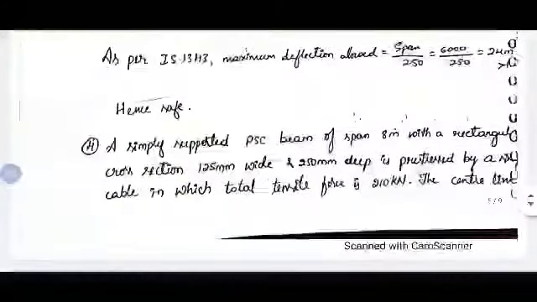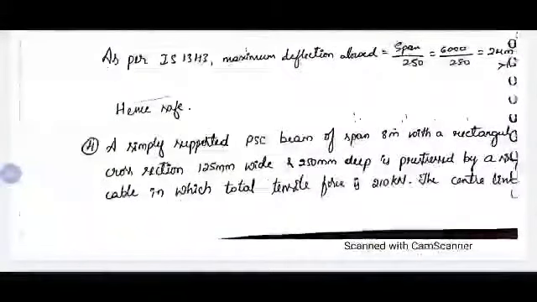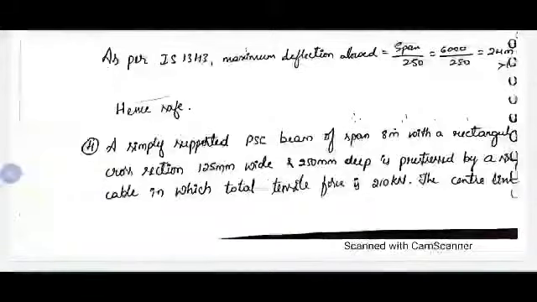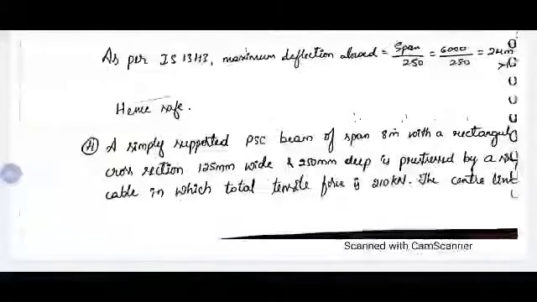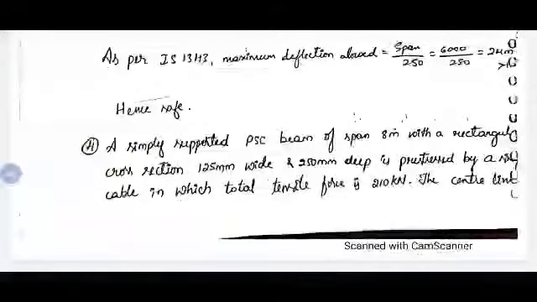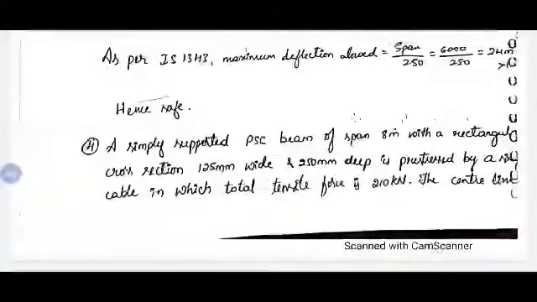Next problem. A simply supported PSC beam of span 8 meter with a rectangular cross section 125 mm wide and 250 mm deep is pre-stressed by a straight cable with a total tensile force of 210 kilonewton.